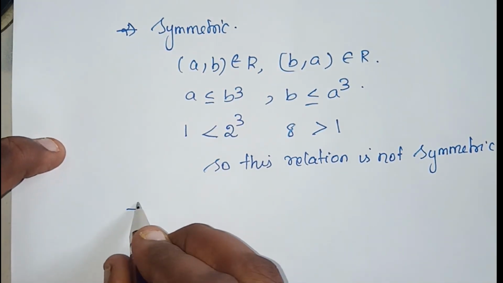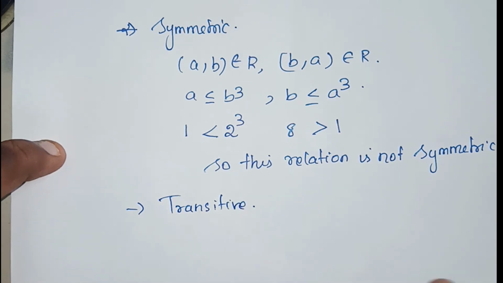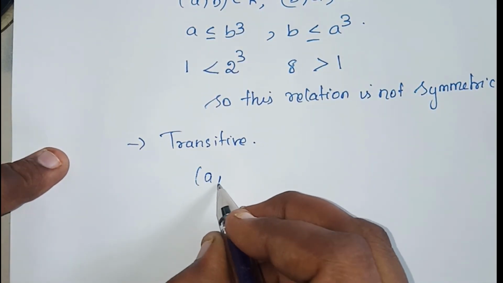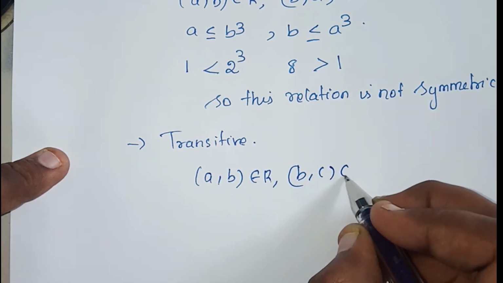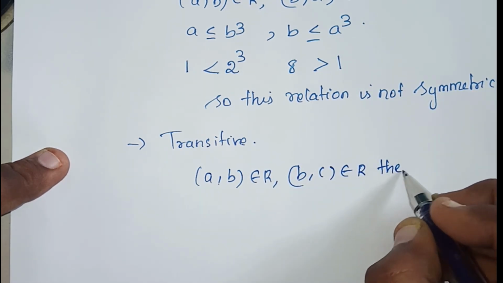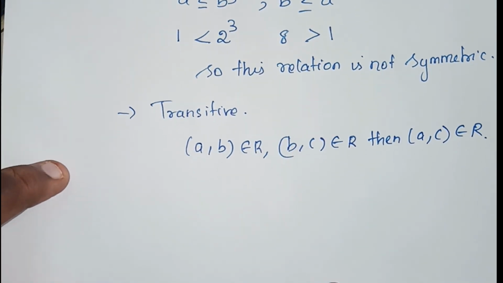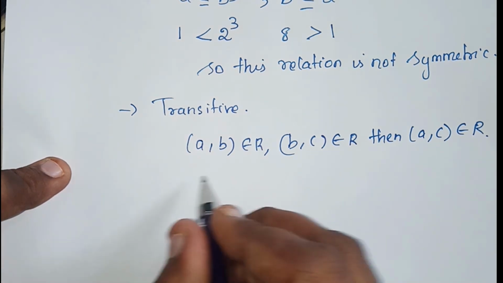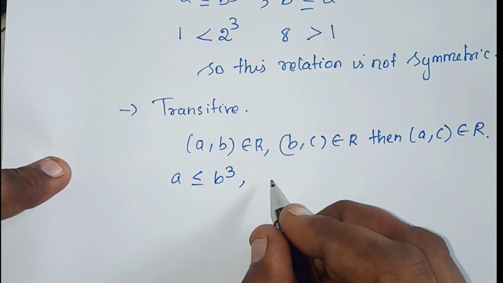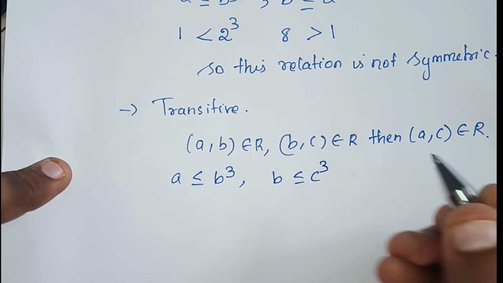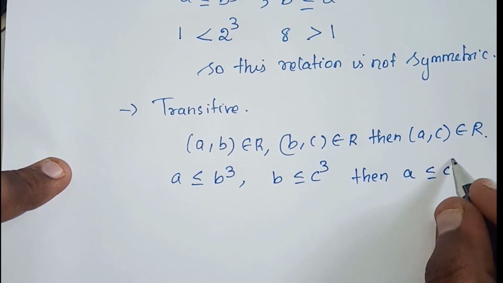Next we need to check the transitive. Transitive means (A, B) belongs to R, (B, C) belongs to R, then (A, C) also belongs to the relation, right? In this relation it is given as less than or equal to B cube. So A should be less than or equal to B cube, B should be less than or equal to C cube, then A is less than or equal to C cube.